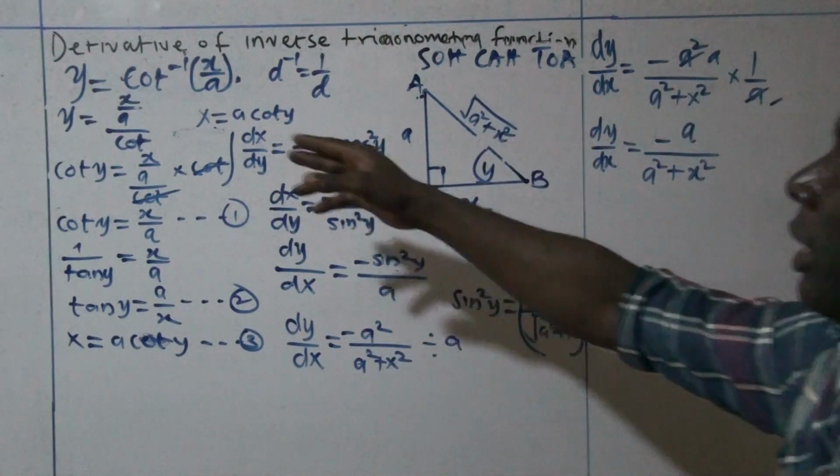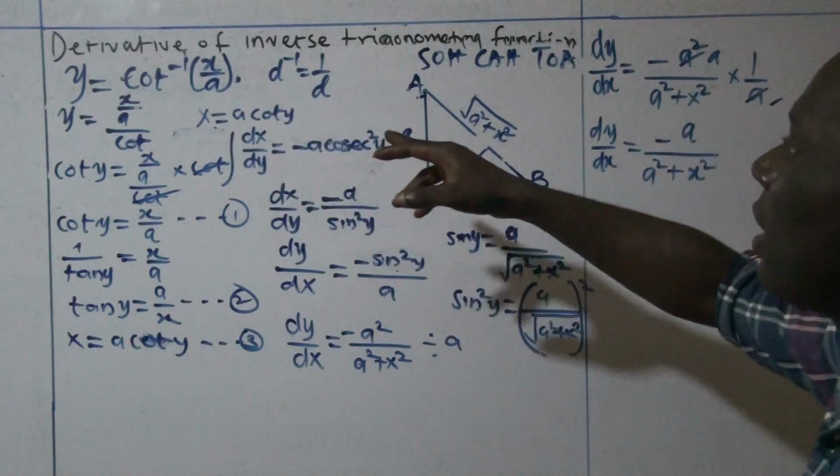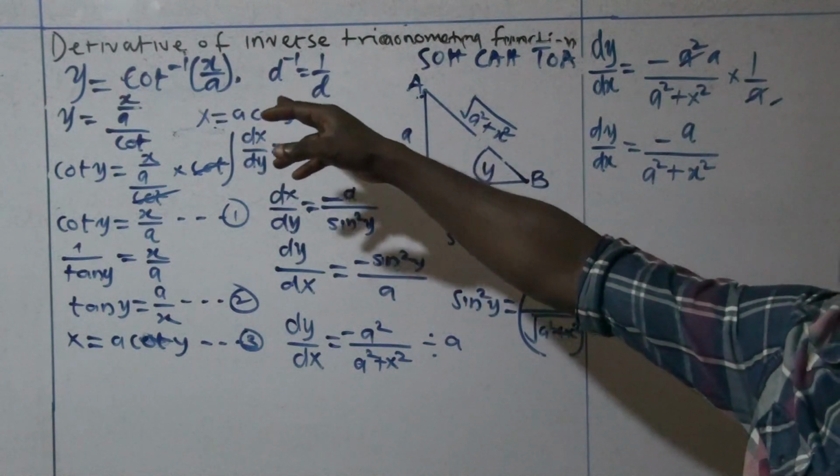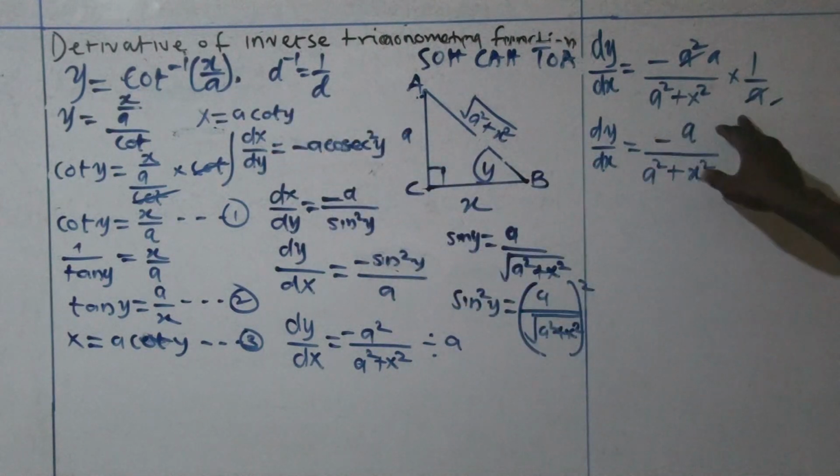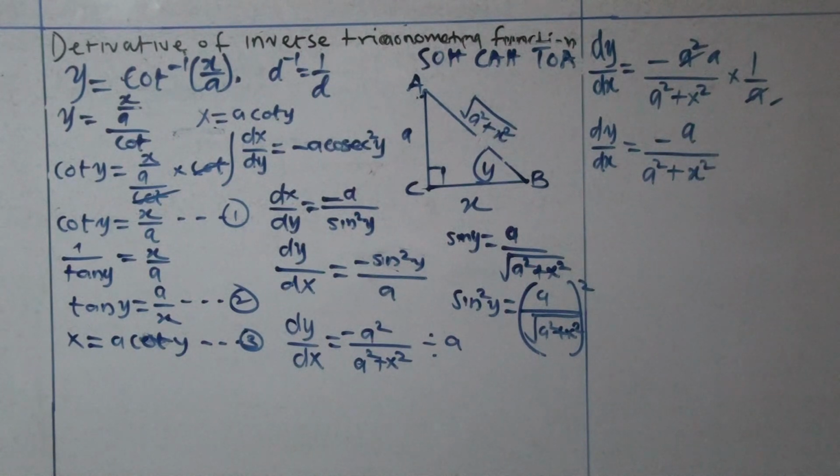This is the derivative of cot inverse of x over a: minus a divided by a square plus x square.